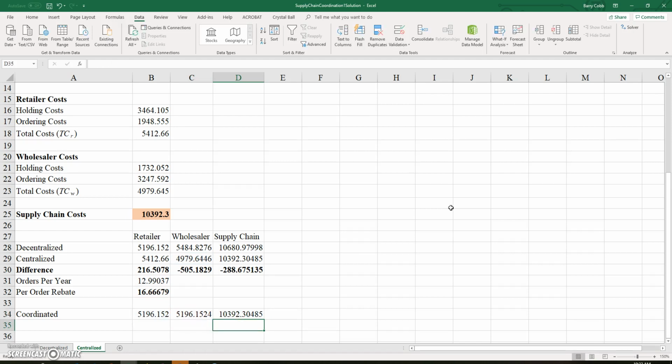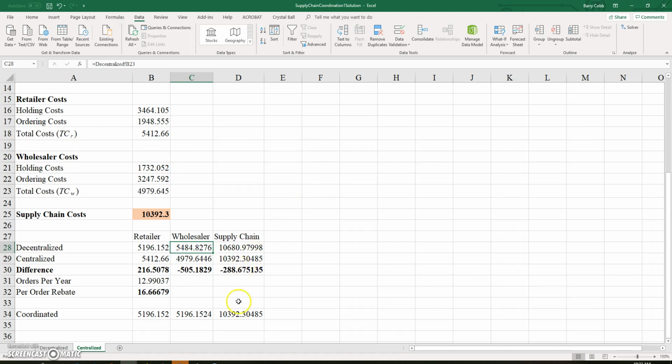The supply chain costs are then the total coordinated costs for the retailer and wholesaler added together. Here are the things to notice about the coordinated cost. The retailer is just as well off as it is in the decentralized mode. The wholesaler is not as well off as it is in the centralized mode, but it still fares better than it would in the decentralized mode.